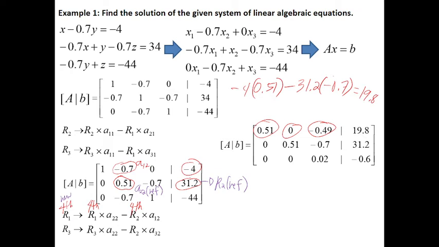So, I'm using my calculator actually. So, 19.8 tama. Okay, nakuha ko 19.8. So, yun, 19.8. Okay? So, yun. No? And then, R3 naman tayo.